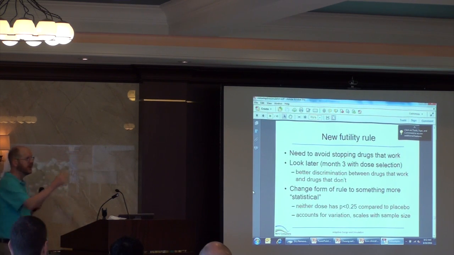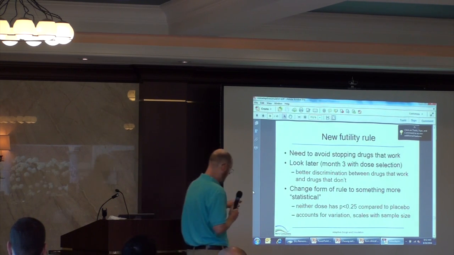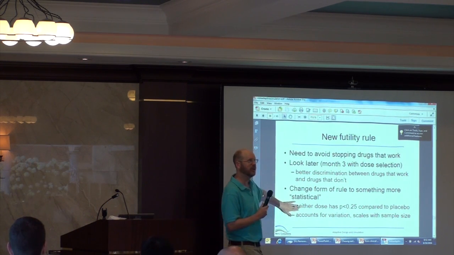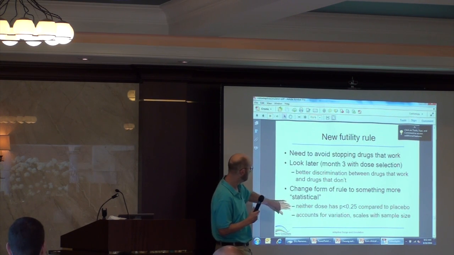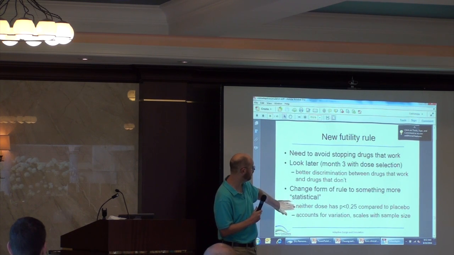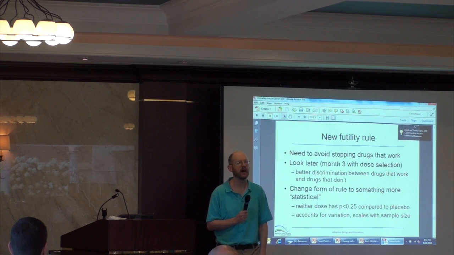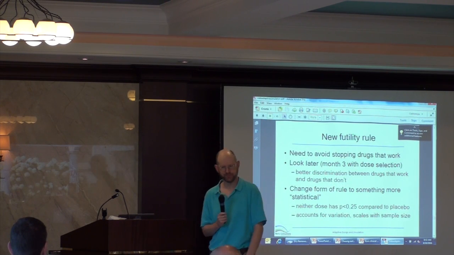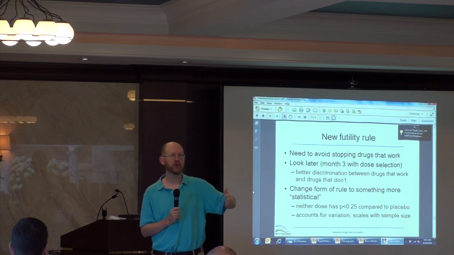I'm also going to change my rule to something more statistical. I'm not saying this is a great rule either, but it's at least statistical. Again, I was trying to pick something simple here. I'm going to pick a rule that says I'm going to be futile if neither dose has a p-value less than 0.25 compared to placebo. This is a situation where I'm halfway through the trial.